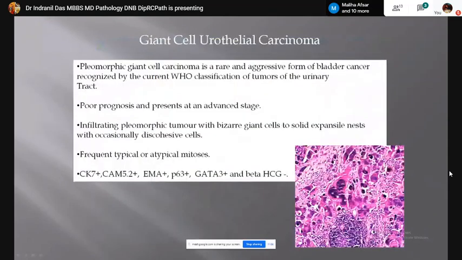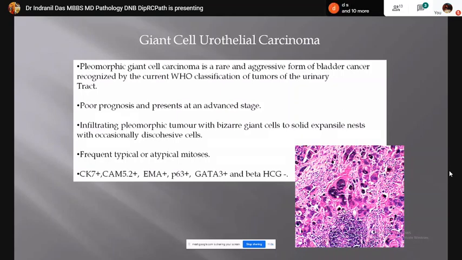The giant cell urothelial carcinoma, the pleomorphic giant cell carcinoma, is a rare and newly included entity in the WHO classification. The prognosis is very poor. The tumor cells are very pleomorphic with bizarre giant cells in solid expansile nests. Frequently, atypical mitoses can be seen.